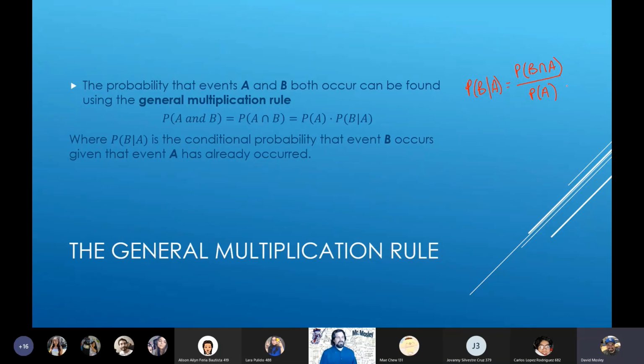We multiply each side by the probability of A, and we get the probability of A times the probability of B given A equals the probability of B and A. So it's just a reworking. This is our general multiplication rule. It looks a little weird. However, once you see the tree diagrams and how it's actually connected, it makes a lot of sense, at least in my opinion.